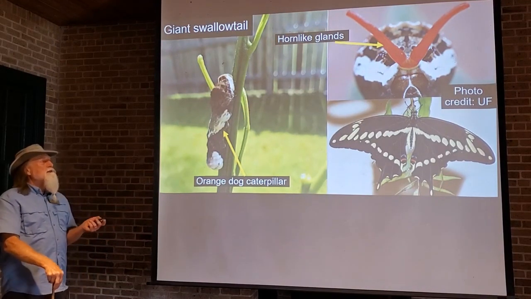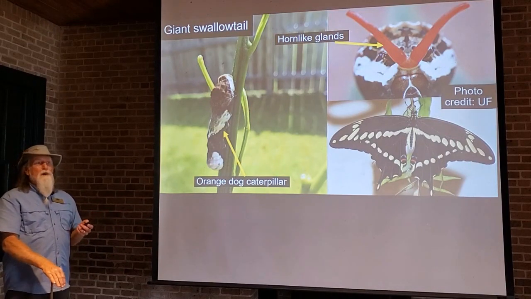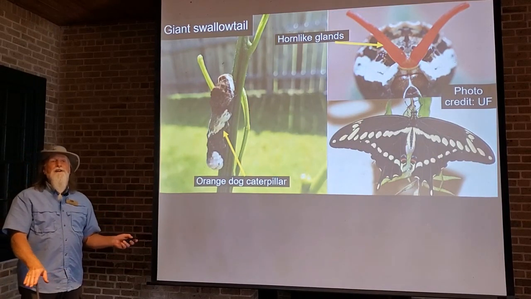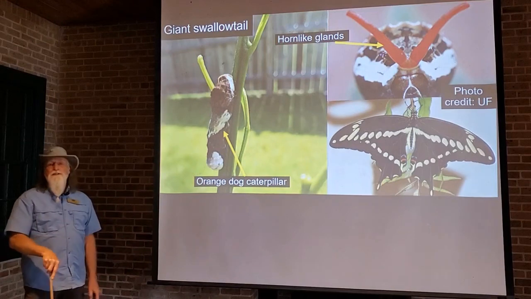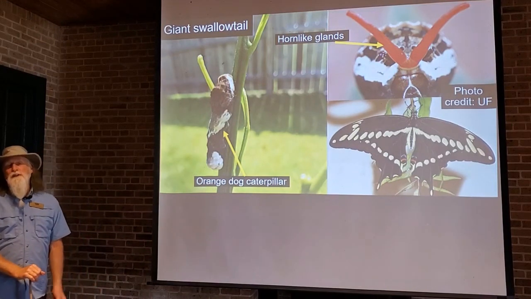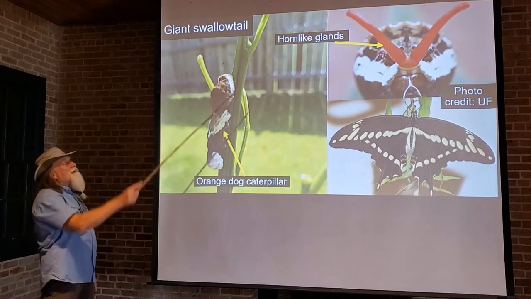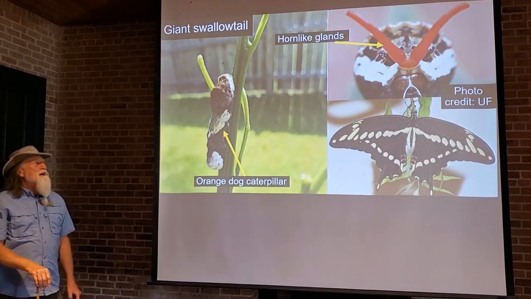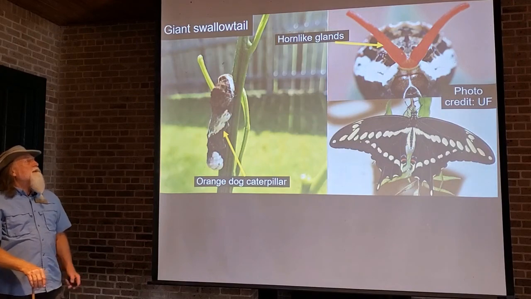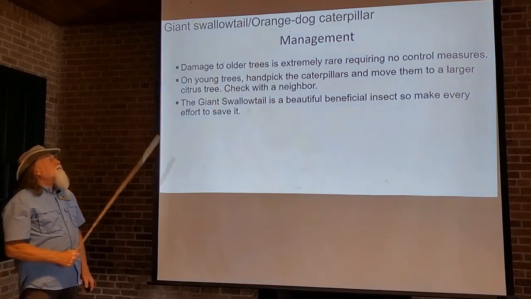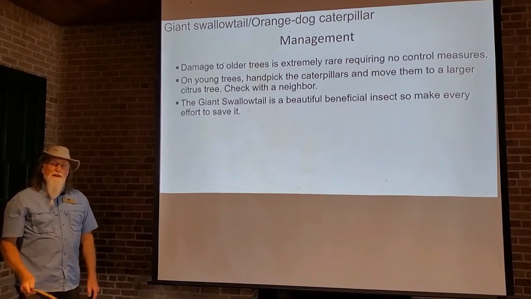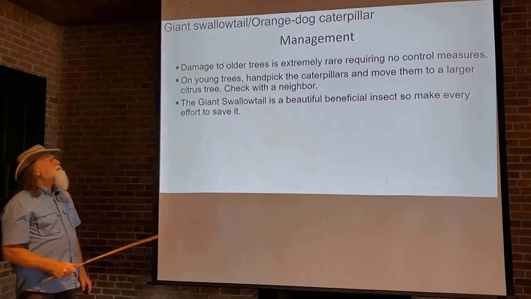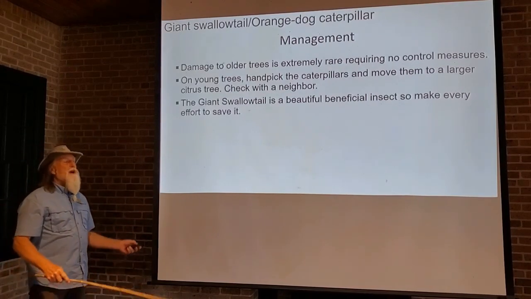Usually bright colors on insects are a way of announcing themselves, saying, here I am, I'm telling you this is a dangerous thing for you to do if you're thinking of eating me. And that's what those horn-like glands are, because they do put off a real offensive odor to try to prevent predation.